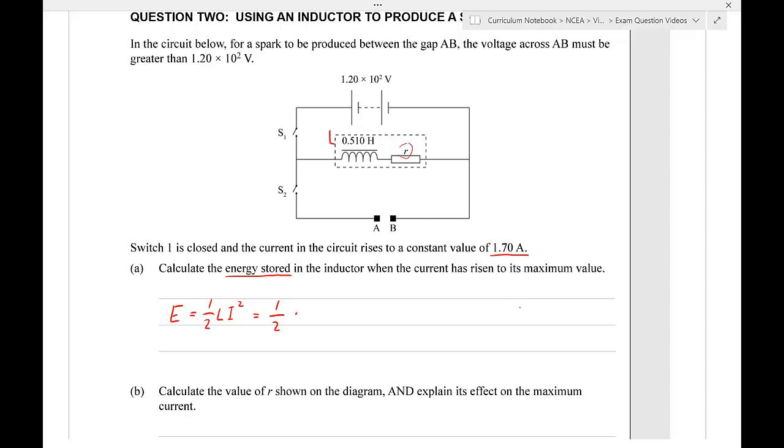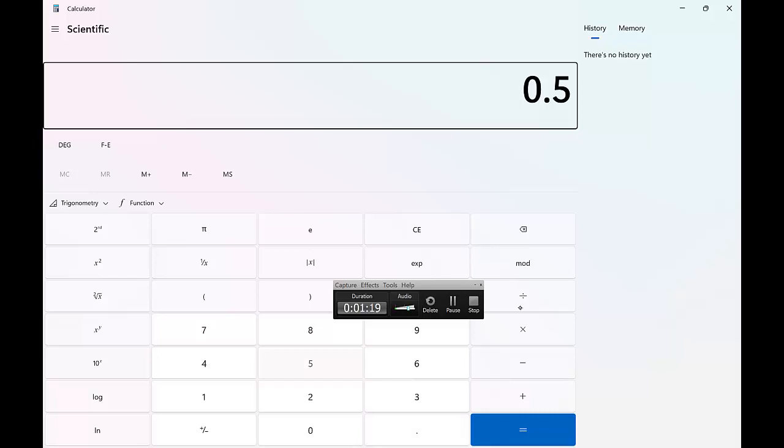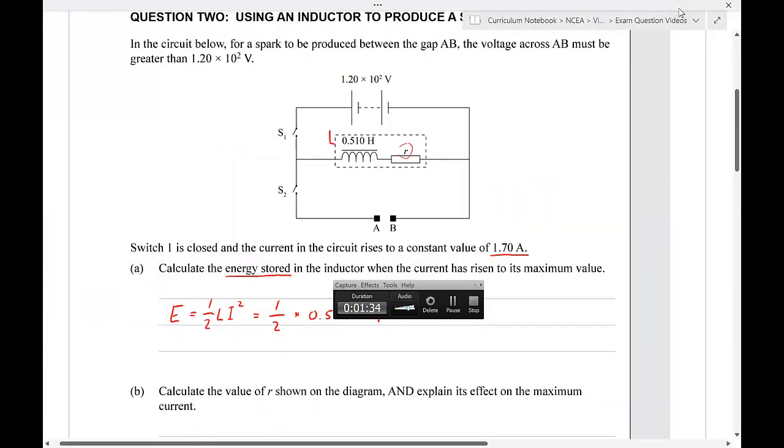1/2 times 0.510 times I squared, which is 1.70 squared. So 1/2 times 0.510 times 1.7 squared equals 0.73695.